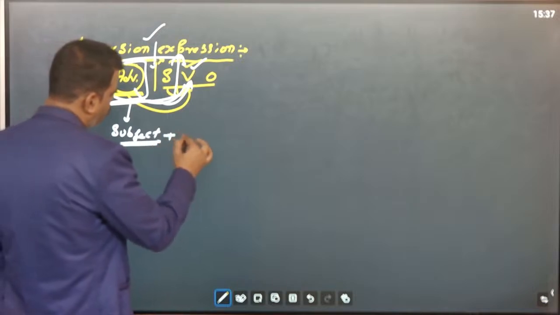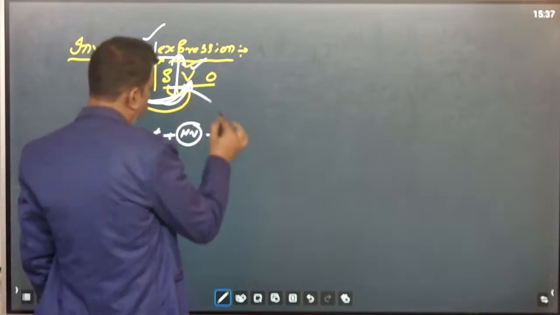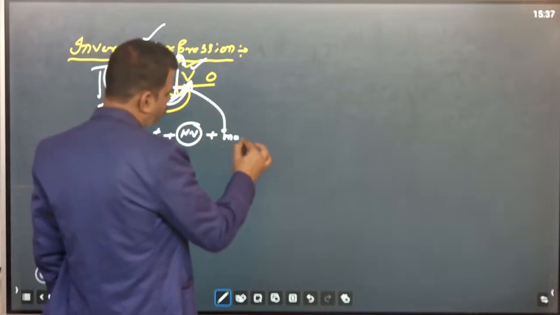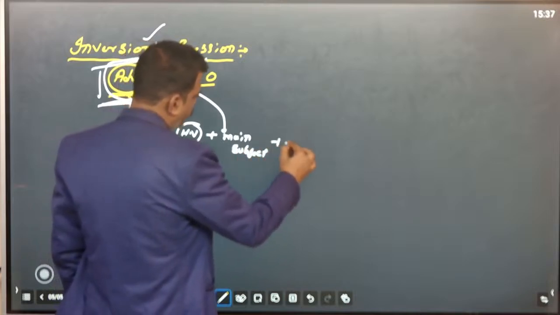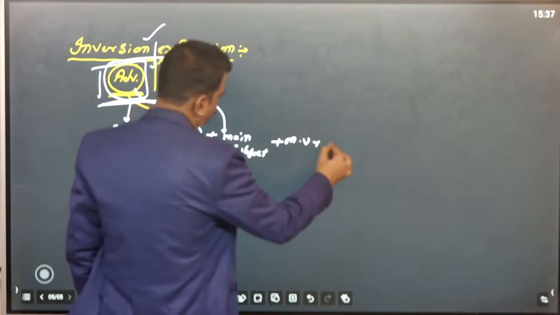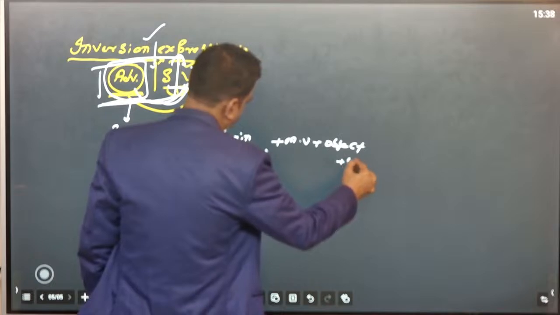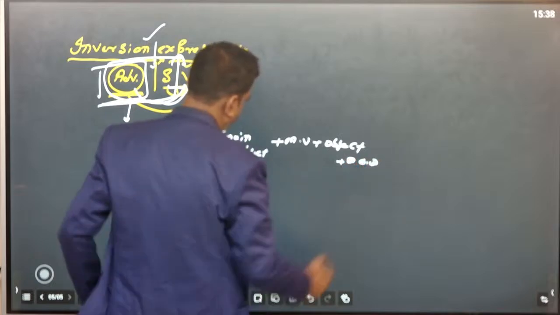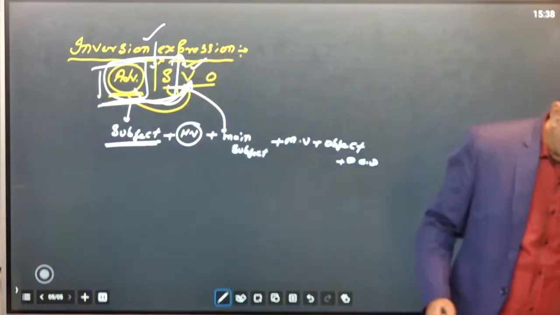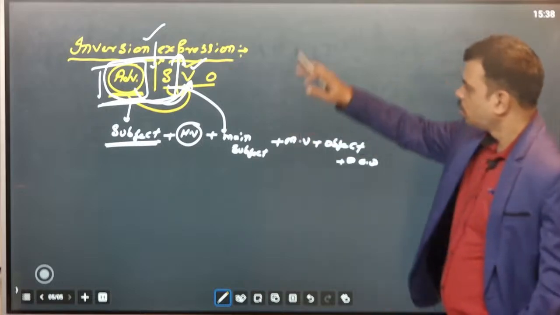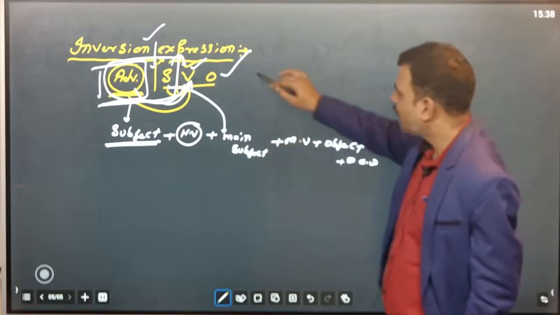Then after that we use the helping verb, and here the main subject. Then after that the main verb, object and other words. So dear, this is the structure. We will find the sentence like this, and we have to improve a sentence in this manner.